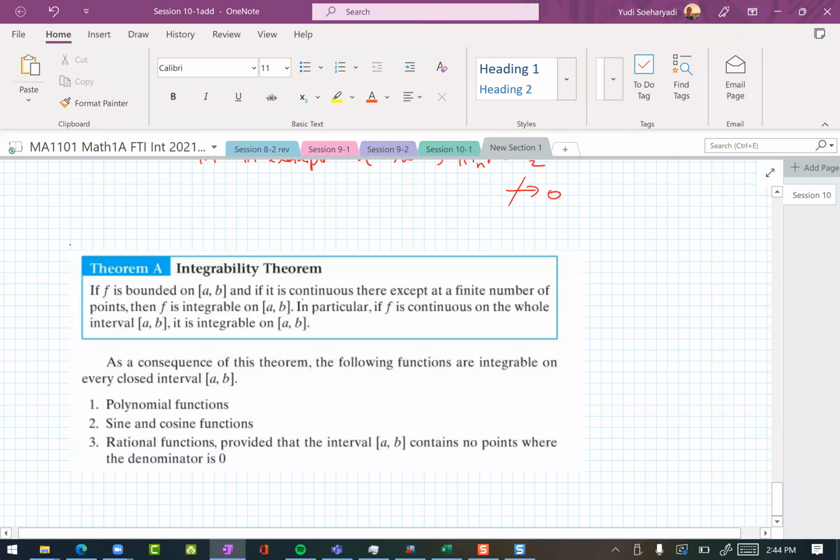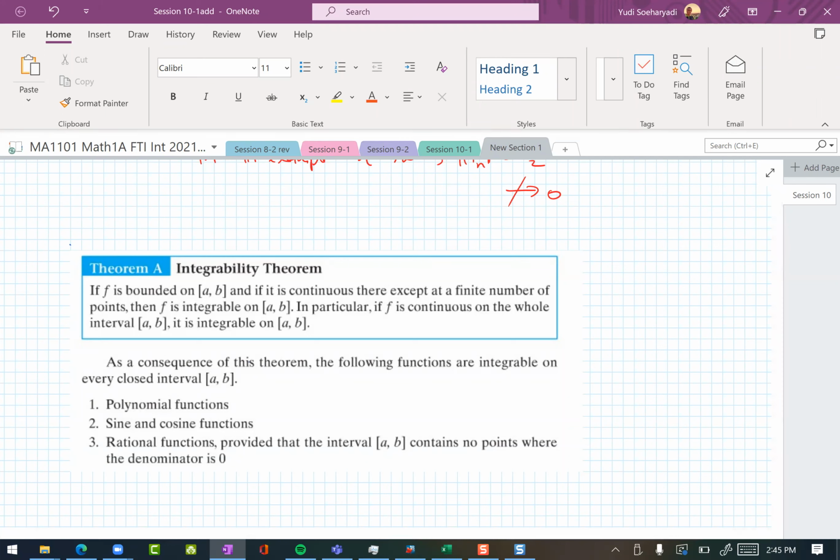Continuous function is integrable. Well, it may have discontinuity, but finitely many. In particular, if f is continuous on a whole interval, then it is integrable. Okay, so as long as you have integrable functions, then it does not depend on the partitions.